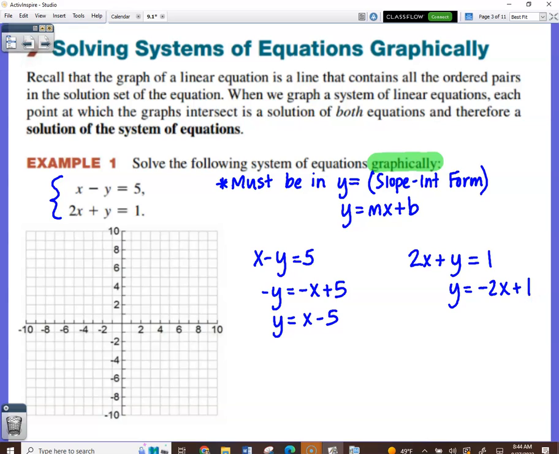Then look up here and see if yours matches mine.